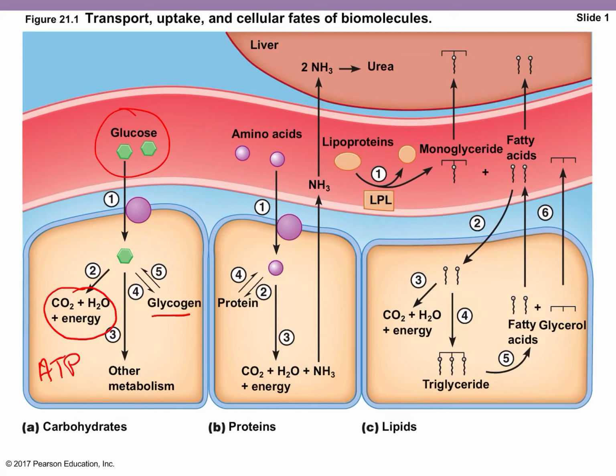Proteins are going to be found as amino acids. So when proteins are broken down by the digestive tract, the amino acids are what you're going to find in the bloodstream. And so the cells will take up amino acids, again with transporter molecules. And then once amino acids are in the cells, we talked about this in the first unit, they can actually enter into the cellular respiration pathway.